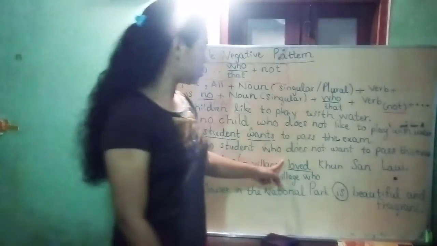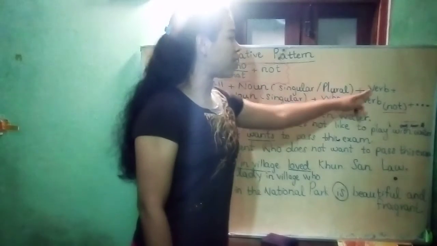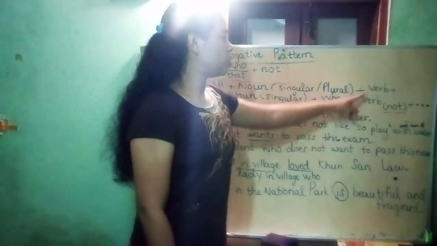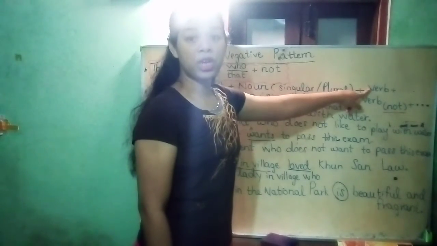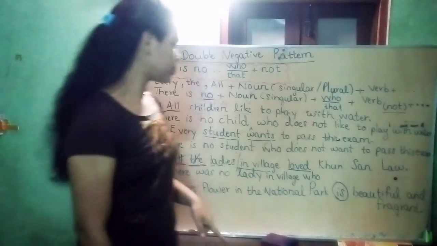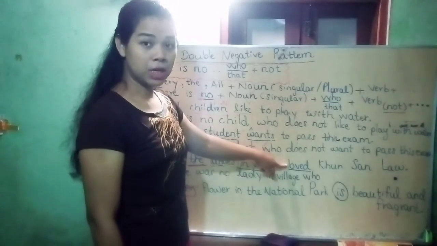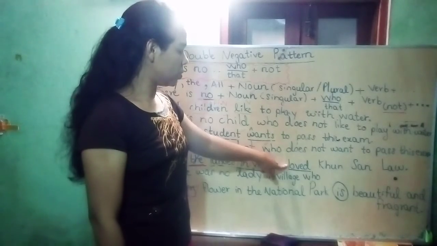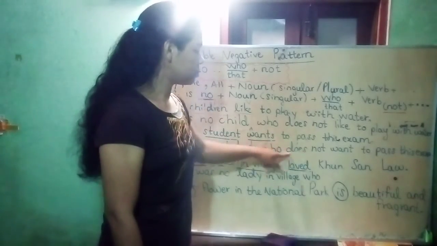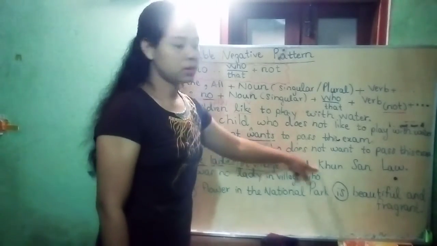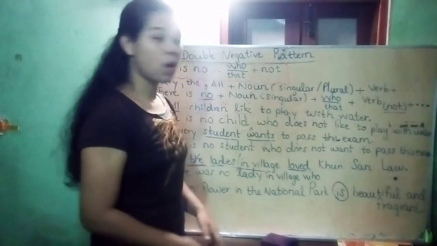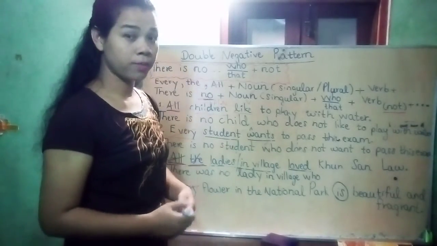That. The next step is the verb. You need to change the verb into negative form. In this sentence, loved is past tense form. So you need to change loved into did not love, negative form.